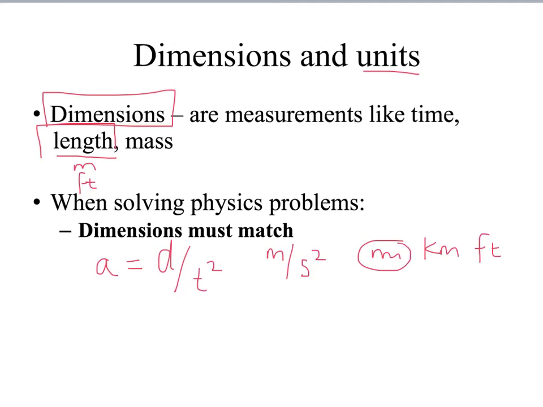Okay. We also want to make sure all of these are length, right? So if the dimensions must match, we wouldn't want to accidentally use kilograms, which is a measurement of mass, when we should use kilometers or meters.